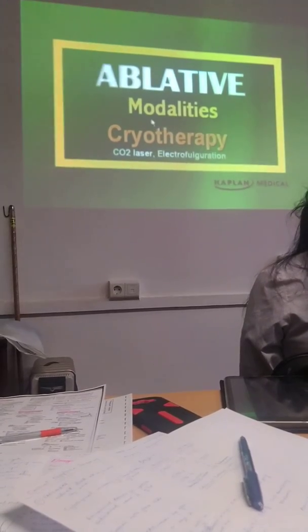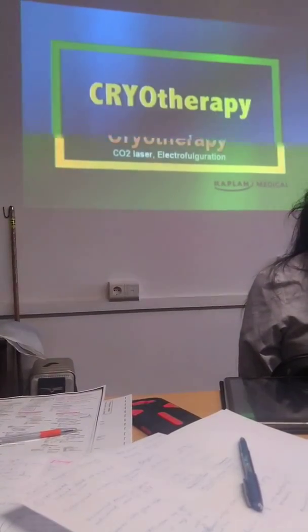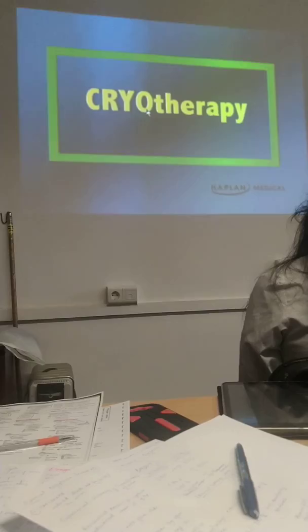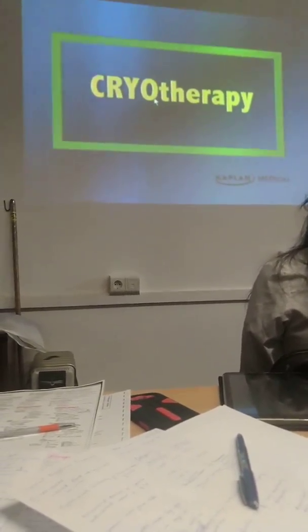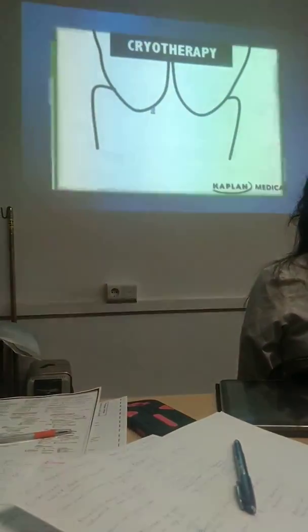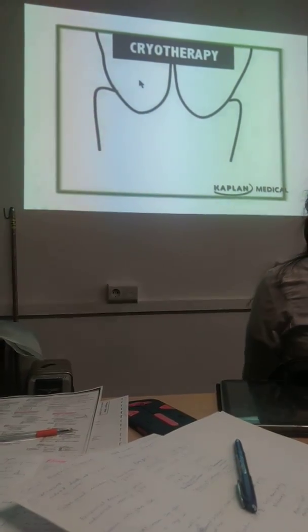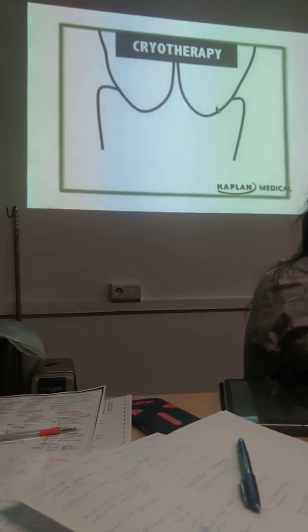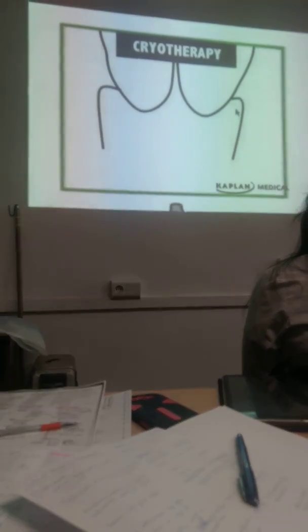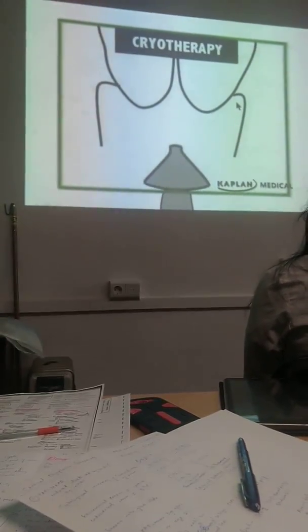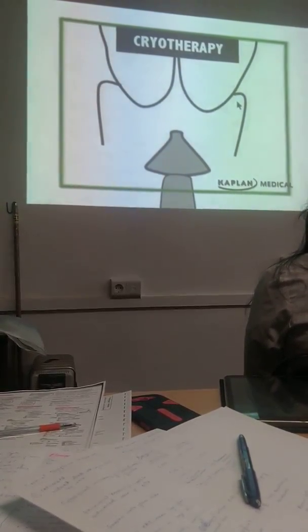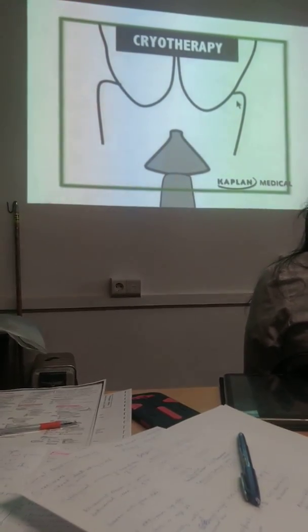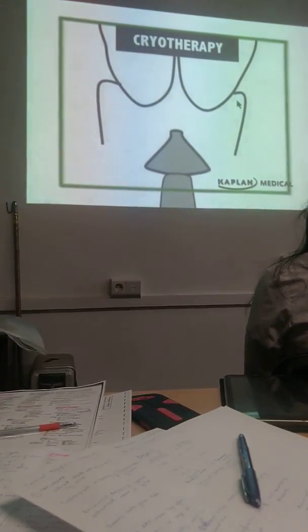Ablation. The most common ablation is cryotherapy. Cryotherapy means you treat it with cold. This is our cervix. This is the vagina. These are the vaginal fornices. We put our probe against the cervix, like this, and we will freeze the area, 2 to 3 minutes.